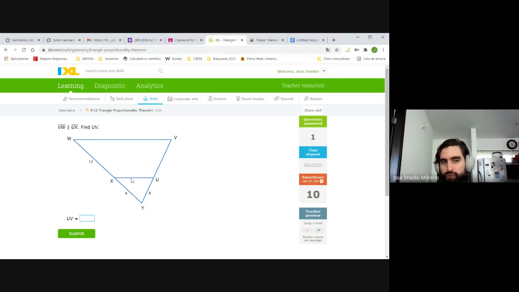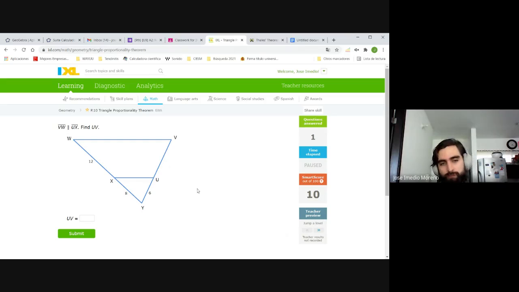So those are my two transversals. And my two parallel lines would be VW and UX. It says here they are parallel. This is the symbol that represents that these two lines are parallel.